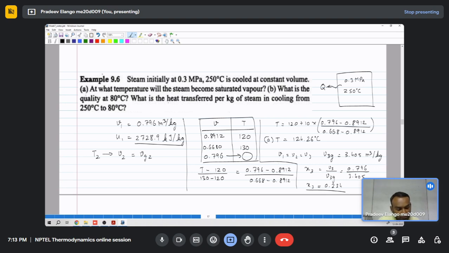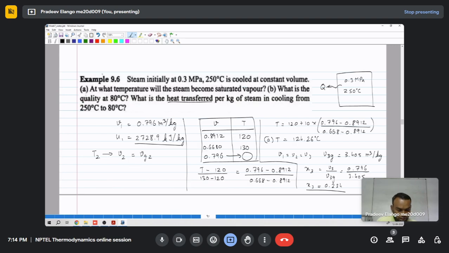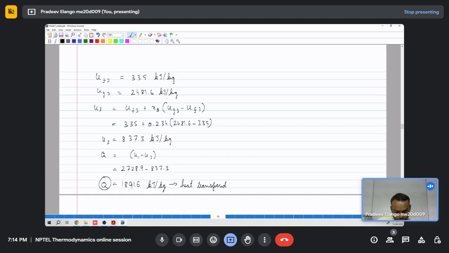So after this I have found the heat transfer. We can assume mass as 1 kg, or we can write the answer in terms of per kg. Okay, sir. Understood, sir. Thank you.